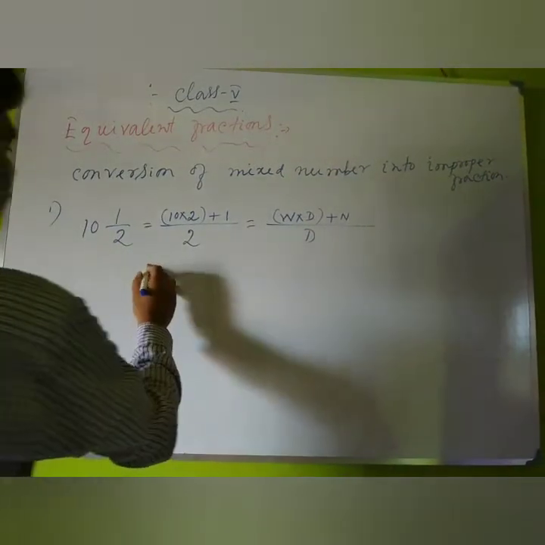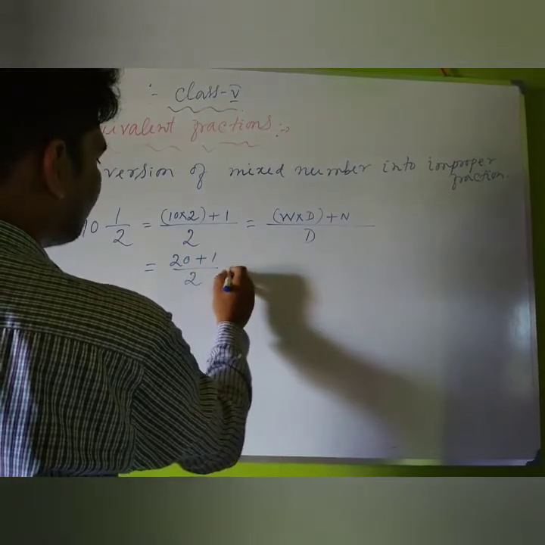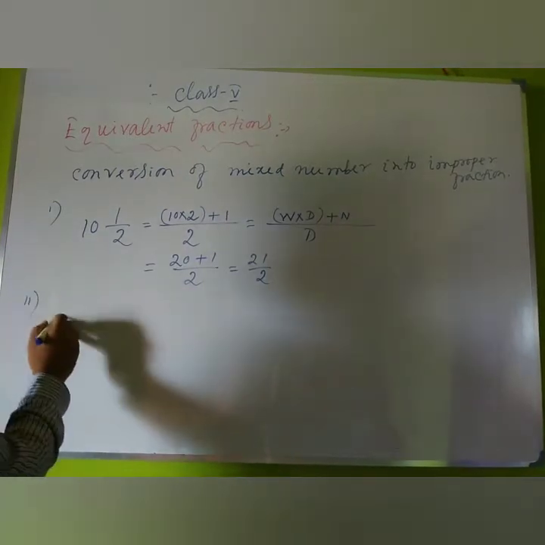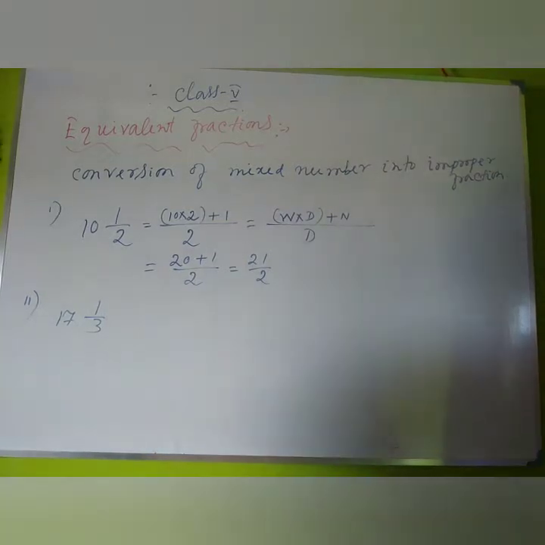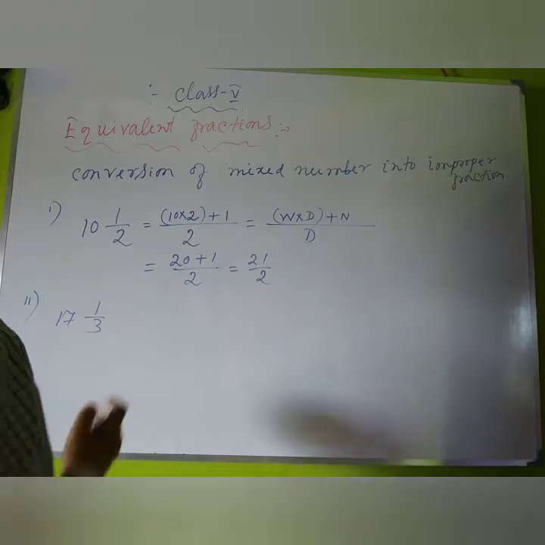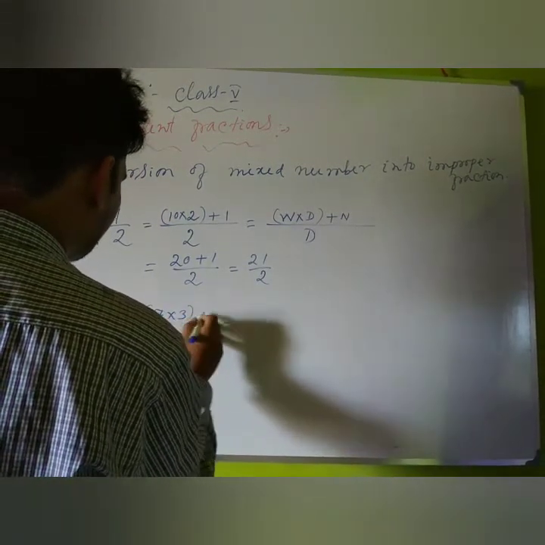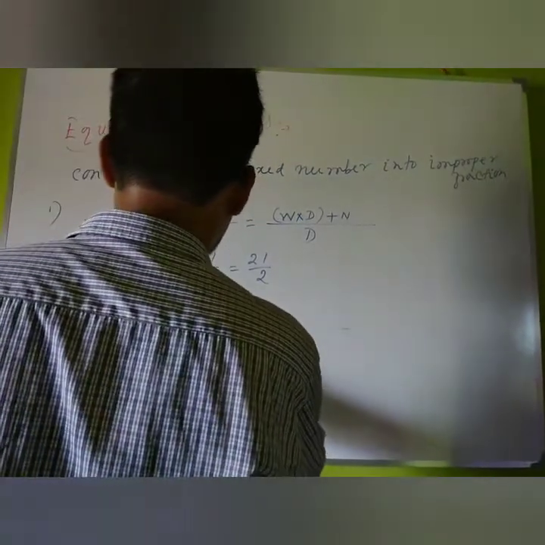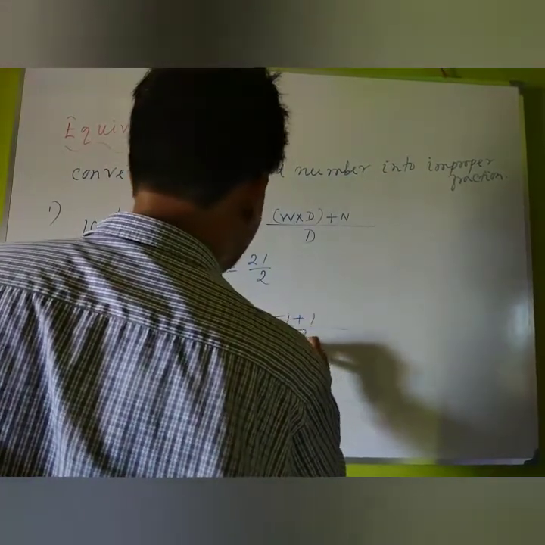Okay, so 10 into 2 is 20, plus 1 by 2, that means 21 by 2. Similarly, if it is written 17 and 1 by 3, then how do you convert this mixed number into an improper fraction? Simple procedure. 17 into 3 plus 1 by 3, that means 51 plus 1 by 3.